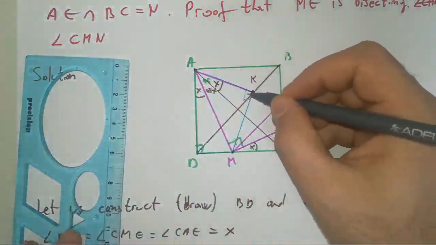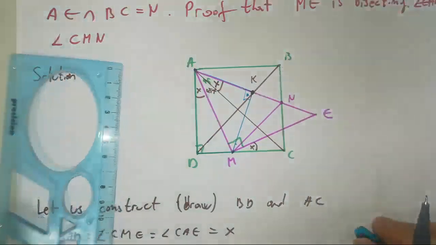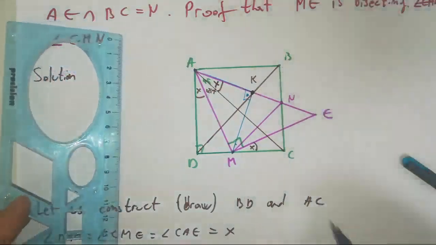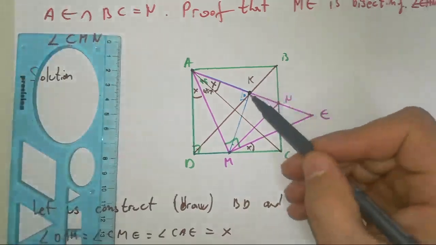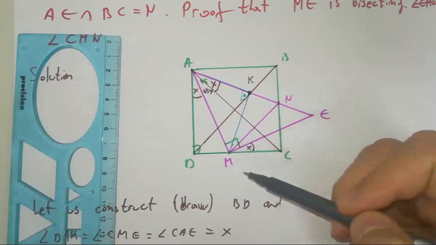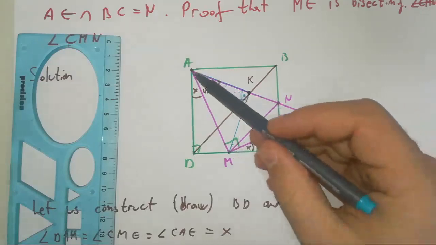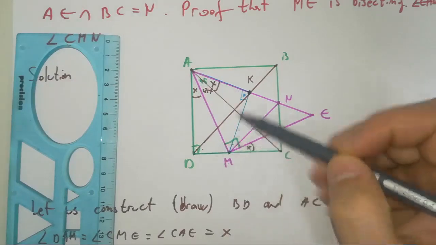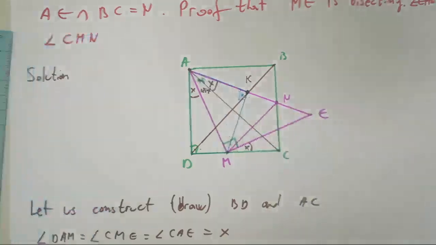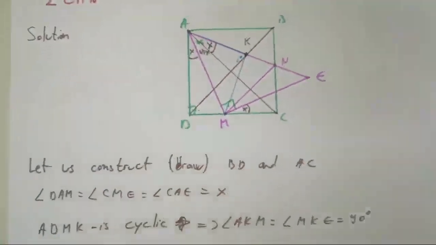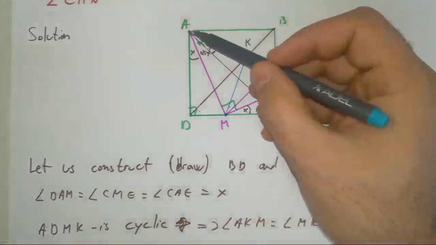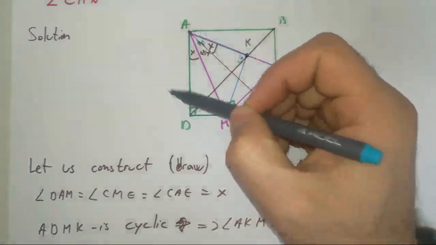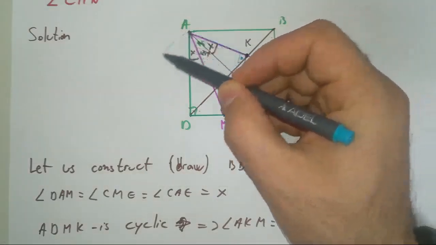So this one is perpendicular here. I will leave it to you to show that it's perpendicular. You can prove it, it's not difficult. So if this angle AKM is 90 degrees, a right angle, and ADM is 90 degrees also, it says that the quadrilateral ADMK is cyclic. What does it mean to be cyclic? There exists a circle that passes through all these points.